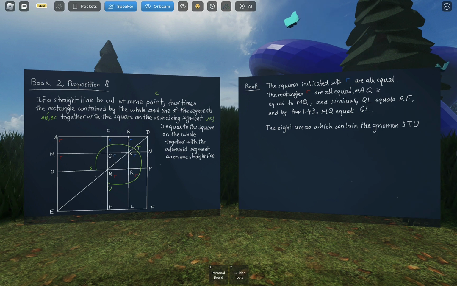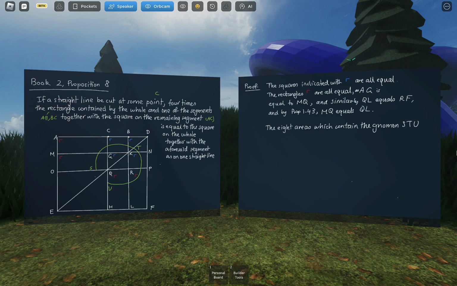All right, so that's the gnomon STU. So I hope it's clear which areas I mean, right? Those 8 regions that have just been colored in.